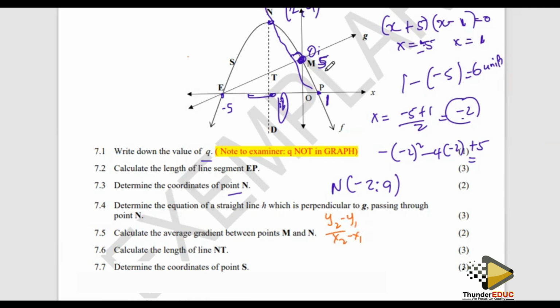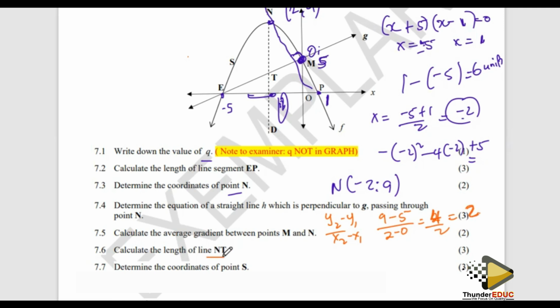So I can say 9 minus 5 over 2 minus 0. So 9 minus 5, that's going to give me a 4. Divide by 2, then I'll end up with 2.